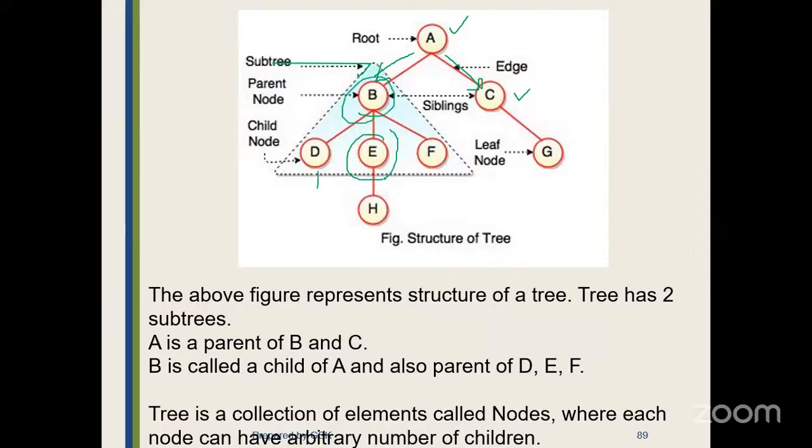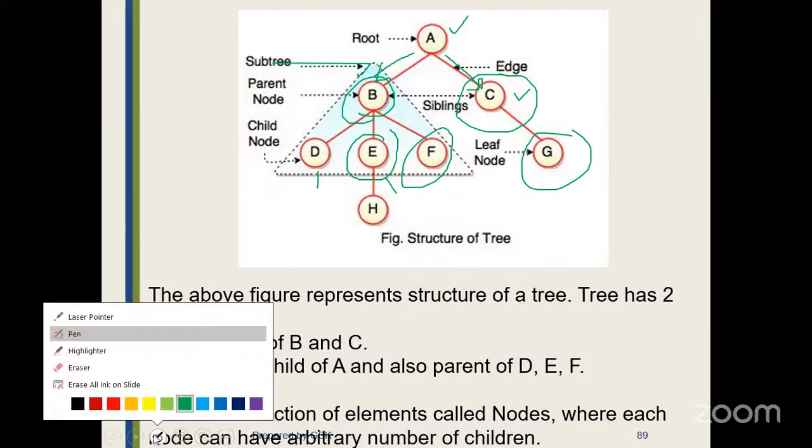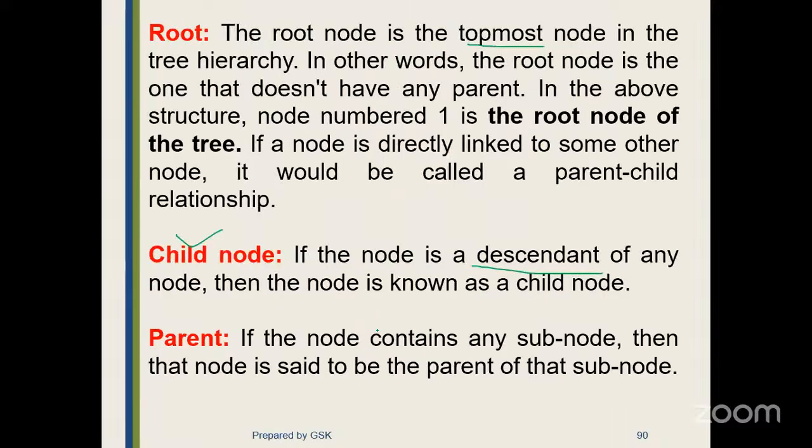Like that, all these are called child nodes. G is the child node for C. C is the child node for A. H is the child node for E. If the node is a descendant of any node, then the node is known as a child node.